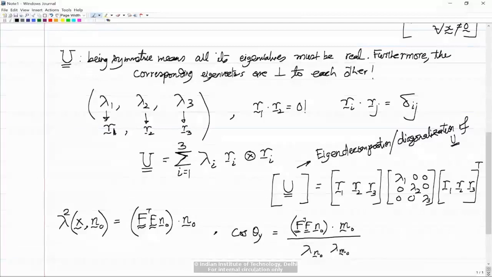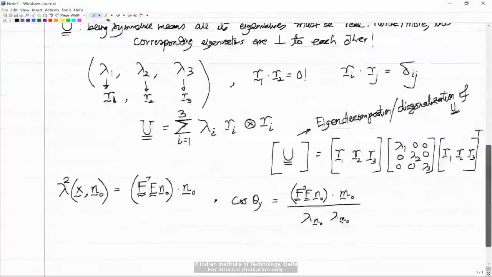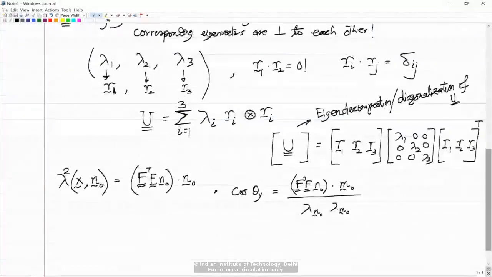So what you see is that you have F transpose F appearing in these formulas. Let's work out what F transpose F is based on the polar decomposition.